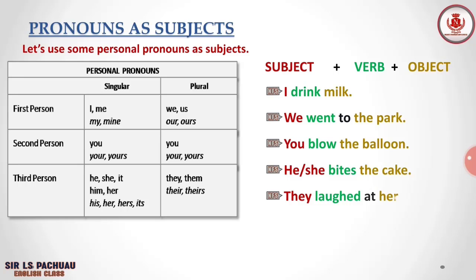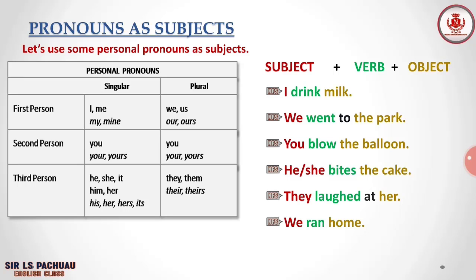And they laughed at her, so they is a third person plural pronoun. Understand? They laughed. What are they doing? They laughed, right? Laughed is the verb. Laughed at her. Her is the object.